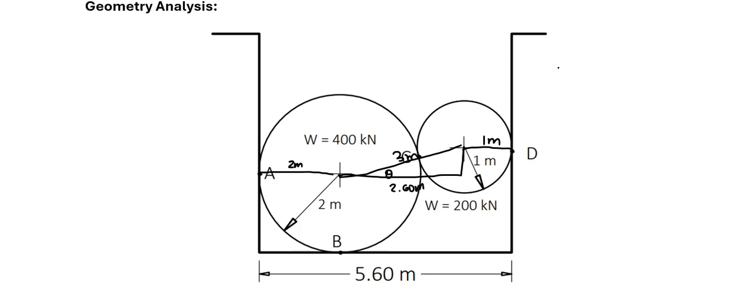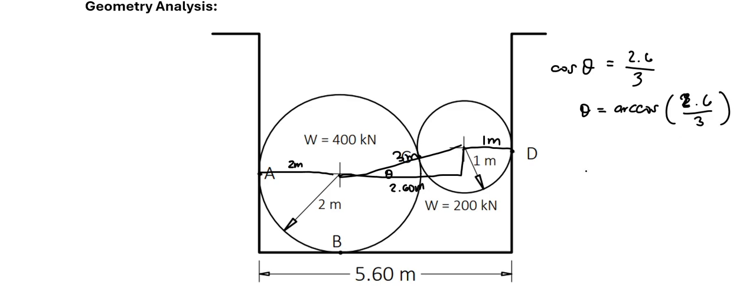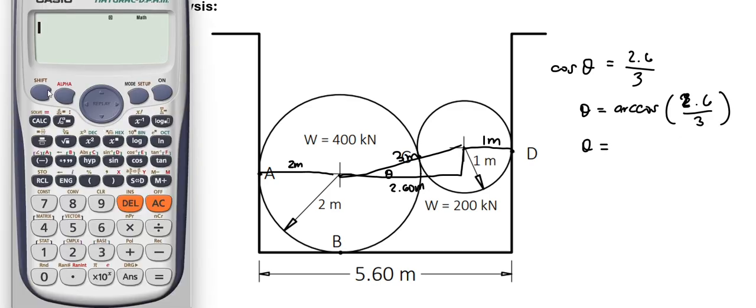Now we can solve for theta using the cosine function. That is equal to adjacent 2.6 divided by the hypotenuse 3. So theta is equal to arccos of 2.6 over 3. So theta is equal to 29.93 degrees.